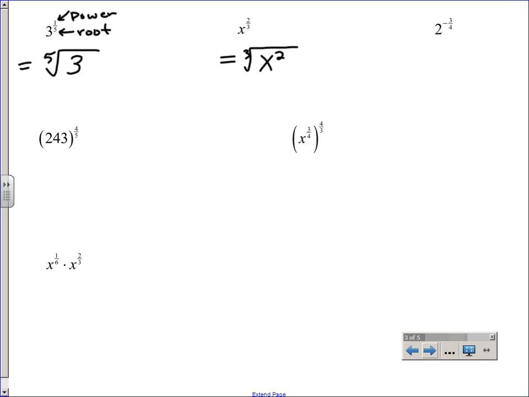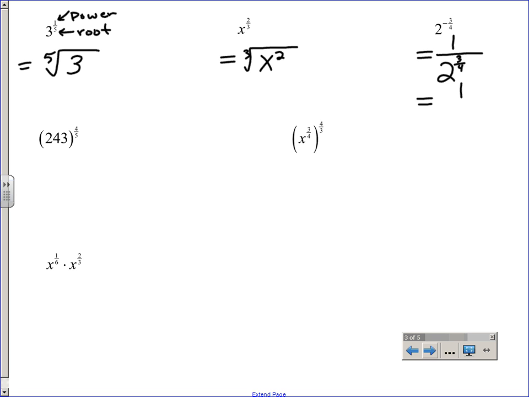The last problem over here, we need to remember what a negative exponent means. A negative exponent means you should write 1 over 2 to the positive 3/4. Then we can change it to a radical at that point. We have to get rid of the negative. It doesn't really make any sense to do a negative power, so we change it.